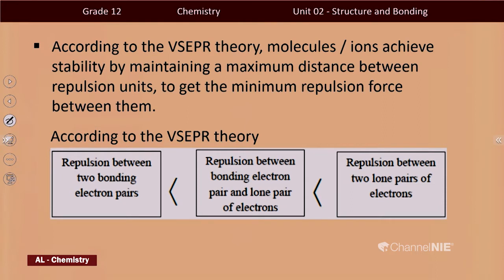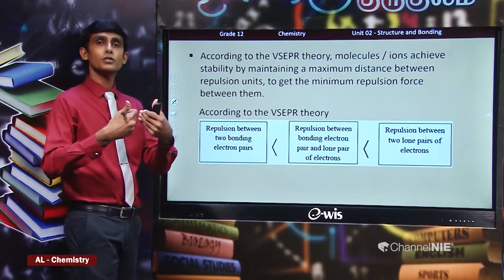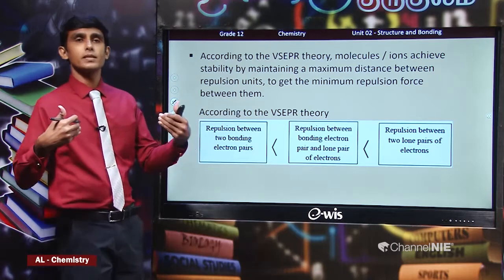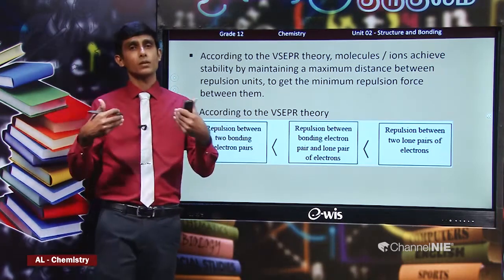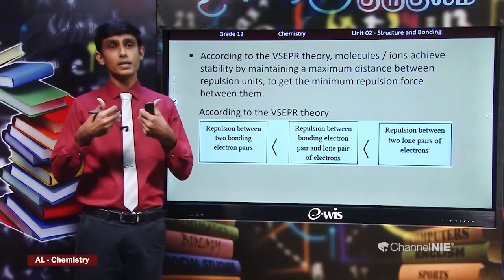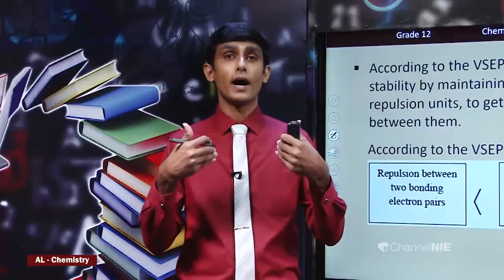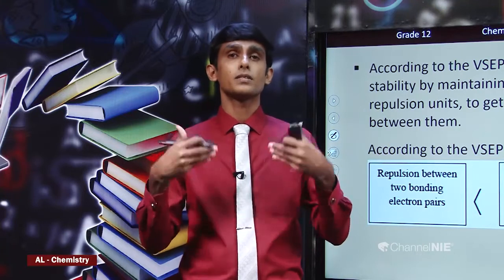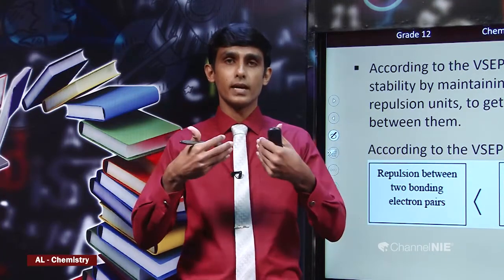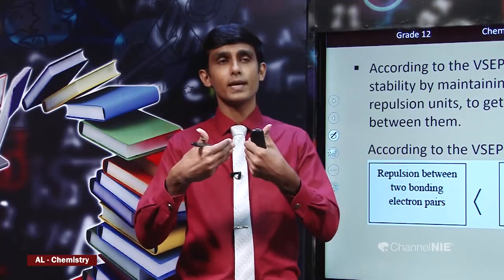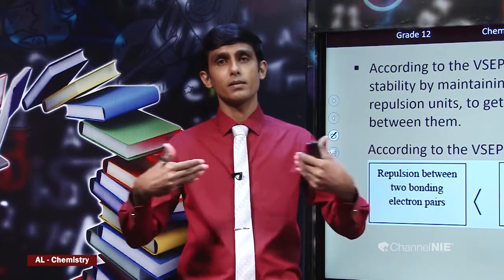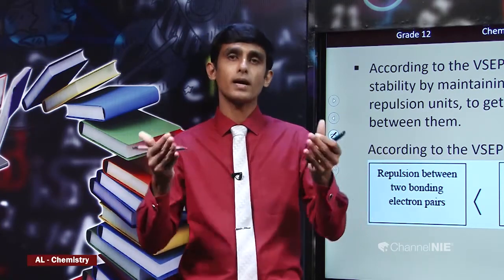So, that means these VSEPR pairs or repulsive units tend to stay away from each other until the repulsions are minimum. They tend to make the distance greater between them, because all are electron pairs.